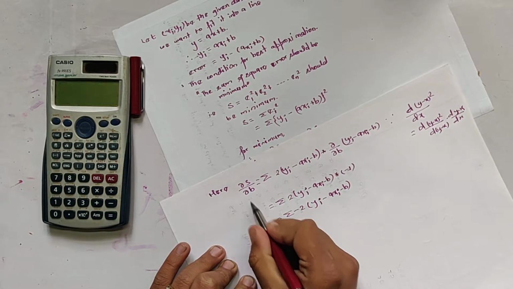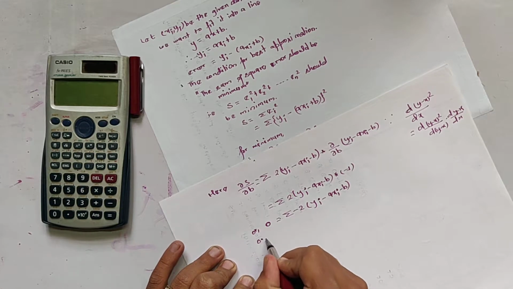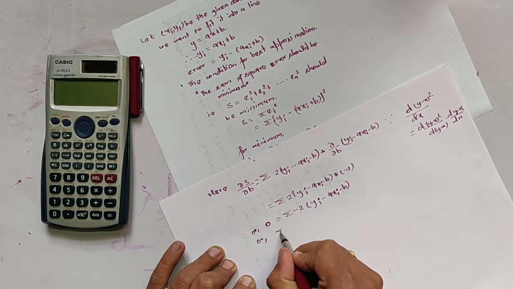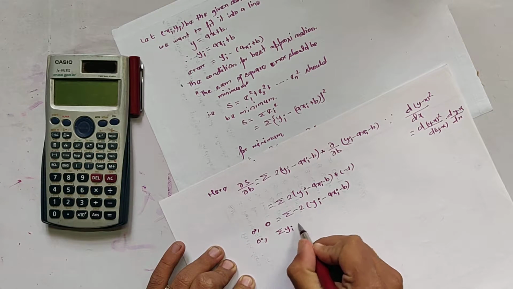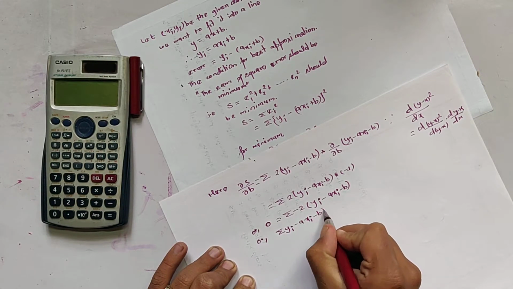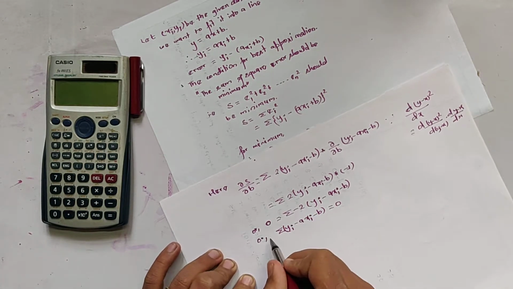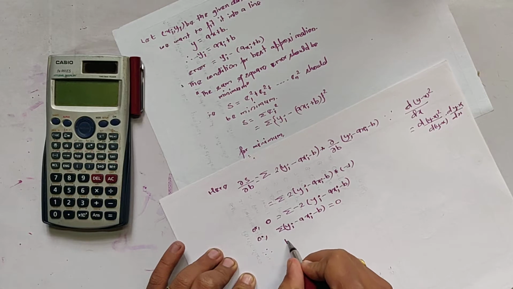That is equal to 0, since for minimum it is 0. Or it is summation of (yi minus axi minus b) equals 0, because when 2 goes it is 0.